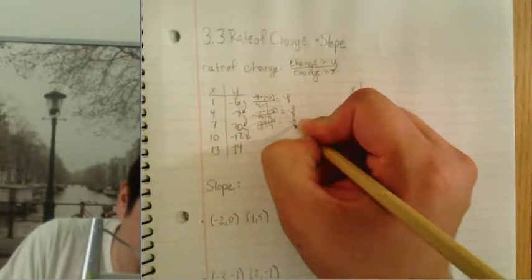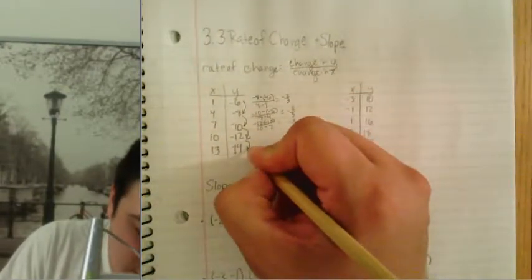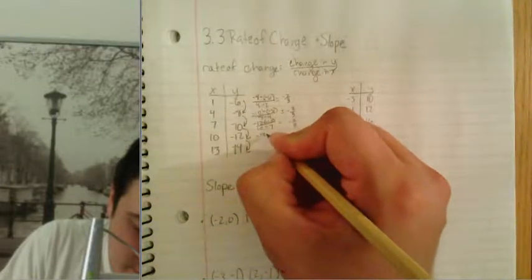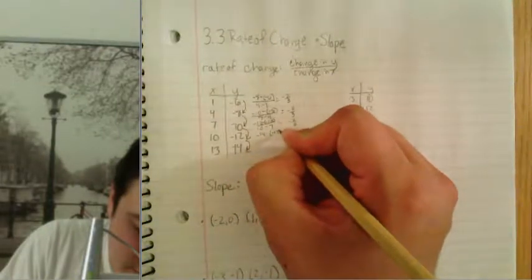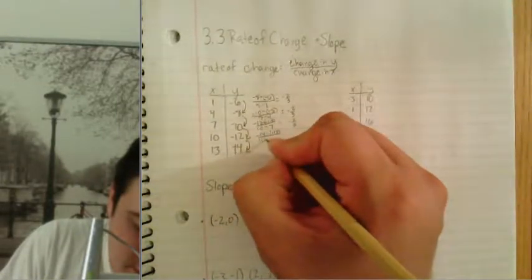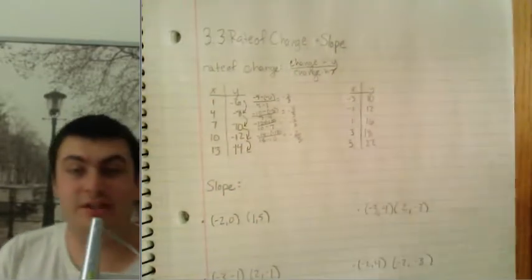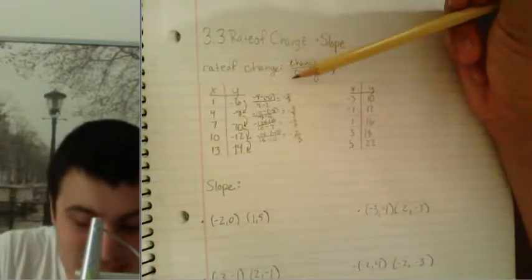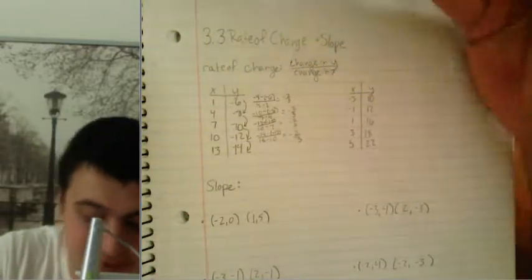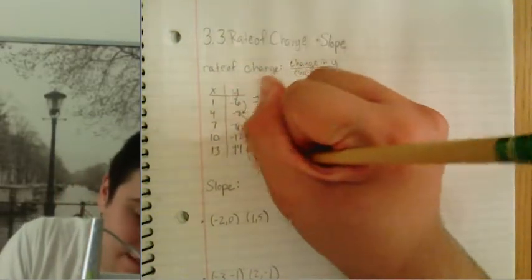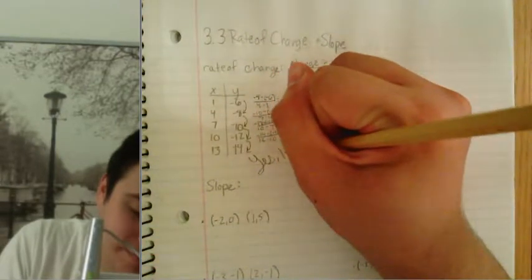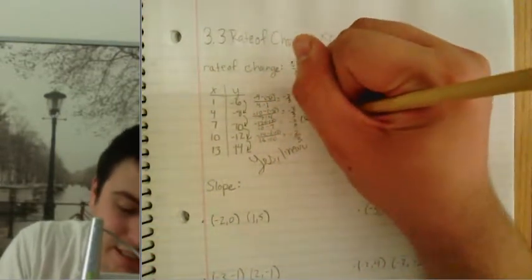That's -2/3. And going from there to there, -14 minus -12 over 13 minus 10 equals -2/3. So, do we have a constant rate of change? -2/3, -2/3, -2/3, -2/3. Yes, this is linear because it is constant.